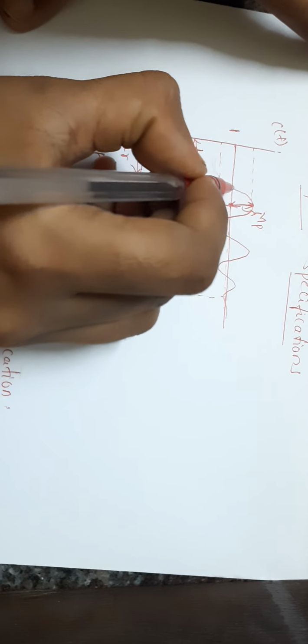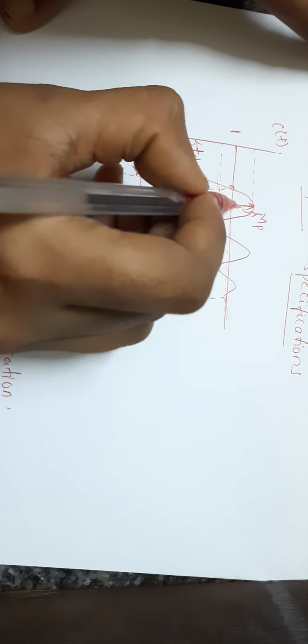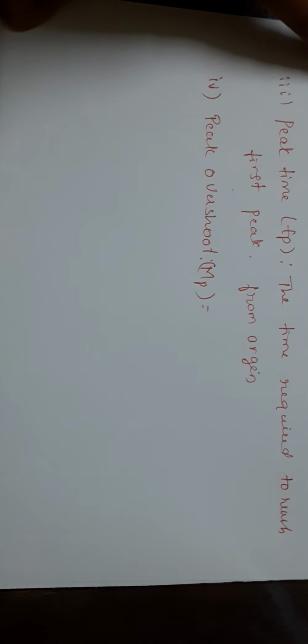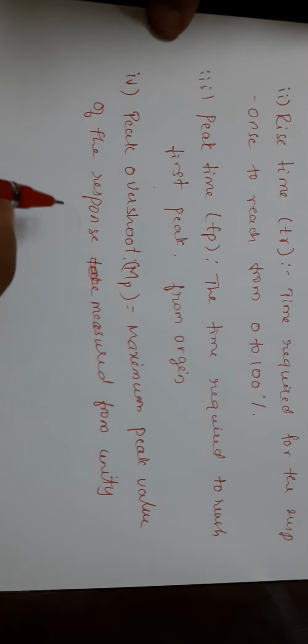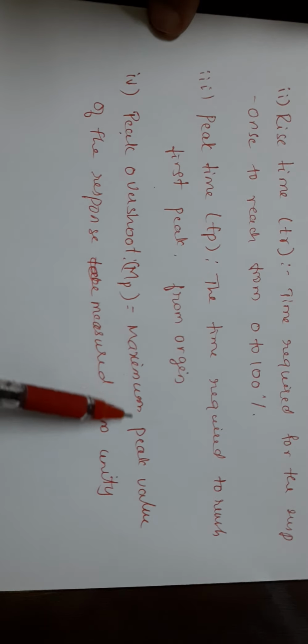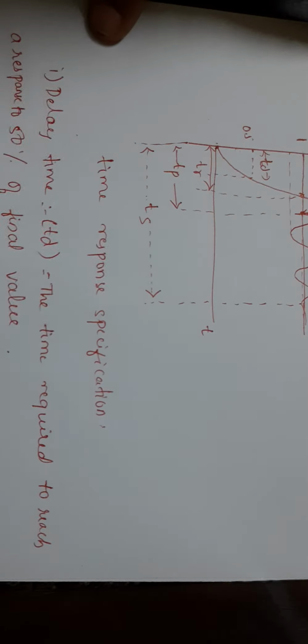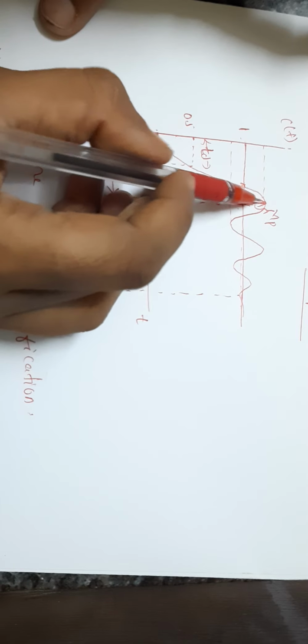Peak overshoot is the maximum peak value of the response measured from unity. From unity to the maximum overshoot, that is called peak overshoot.